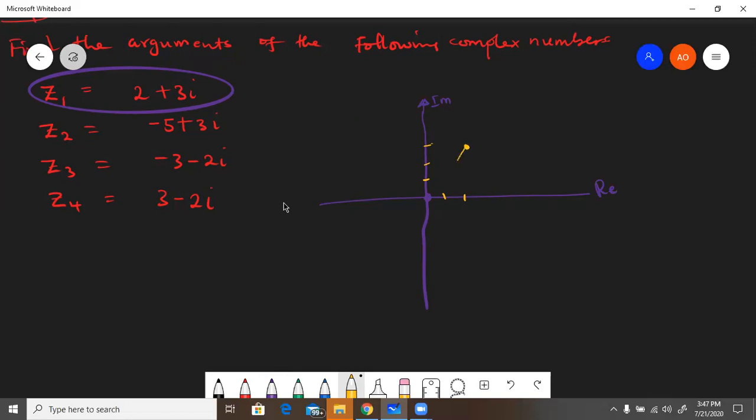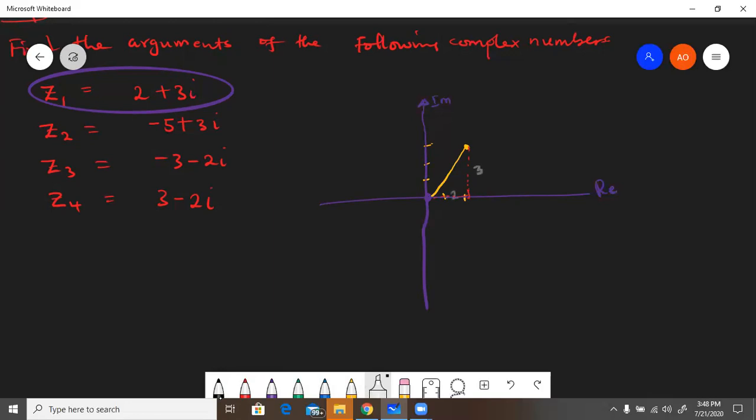So we have a line drawn to the origin. From here, we can have the vertical and the horizontal. This is the vertical dimension and the horizontal dimension of the point. The vertical dimension is going to give us 3. The horizontal dimension is 2.